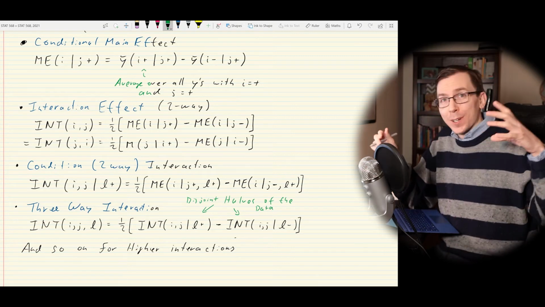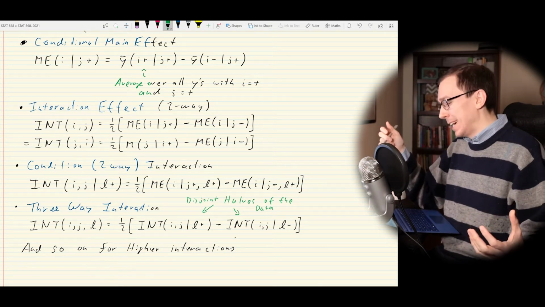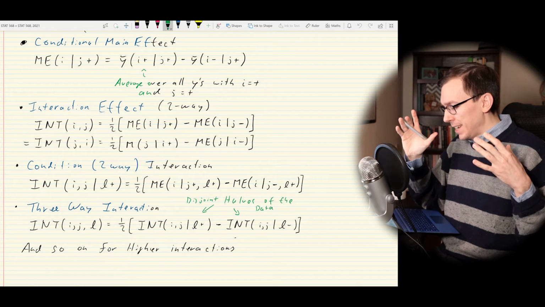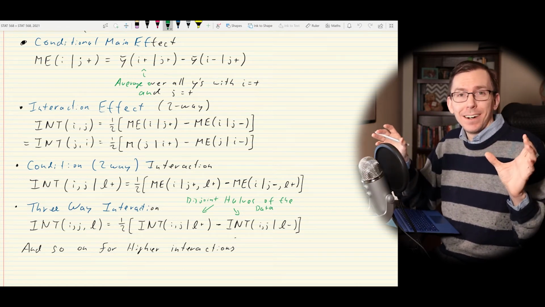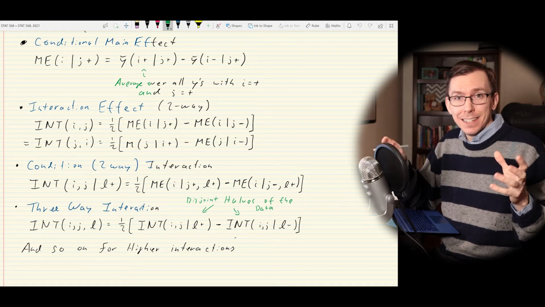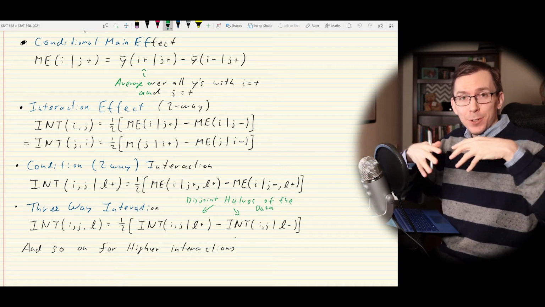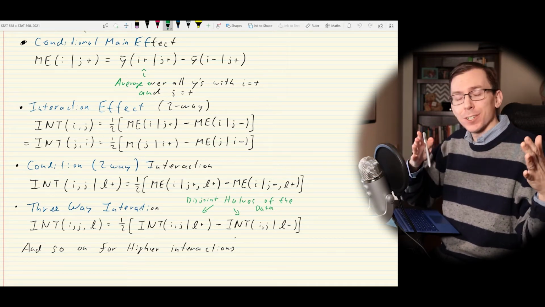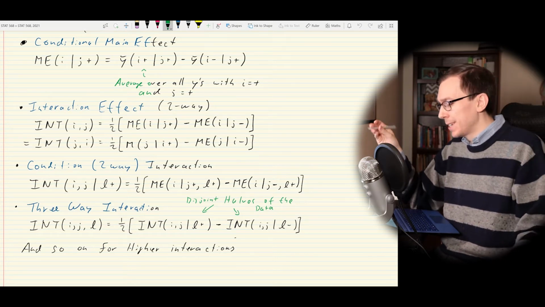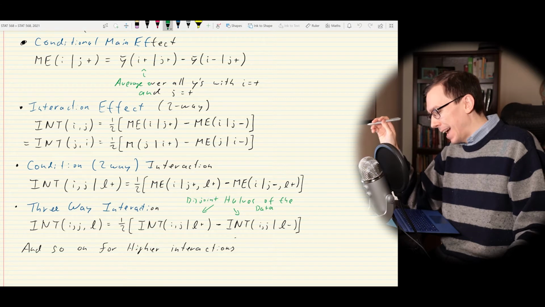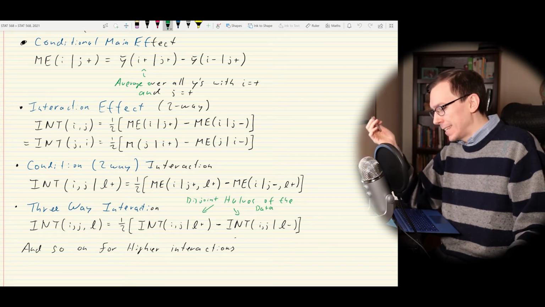So if we were to unravel this mess, we would find out that the first conditional interaction and the second conditional interaction are dependent on the data points, y, but 2/2 of the data set. So each of those is going to be a function of 2 to the k minus 1 data points. And yeah, we're going to be looking at the difference between them.